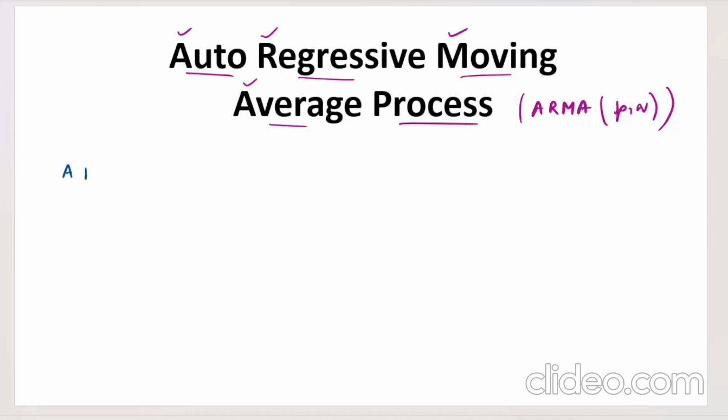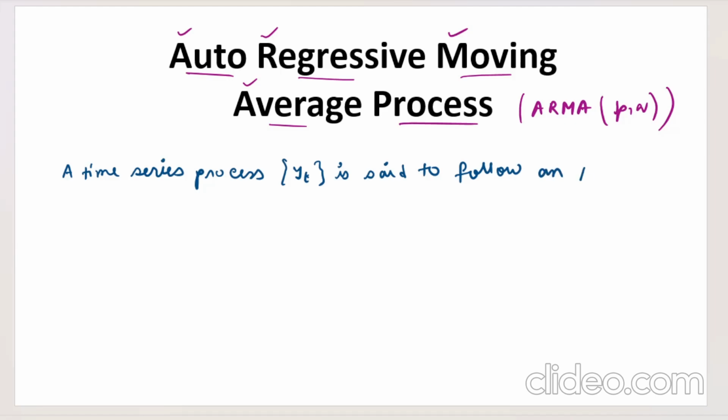A time series process Yt is said to follow an ARMA(p,q) process if it can be written as follows.